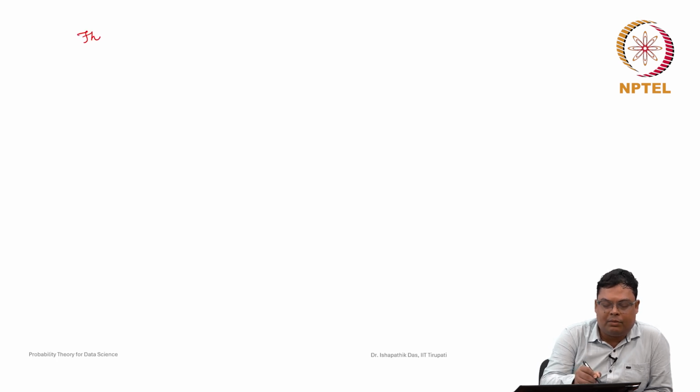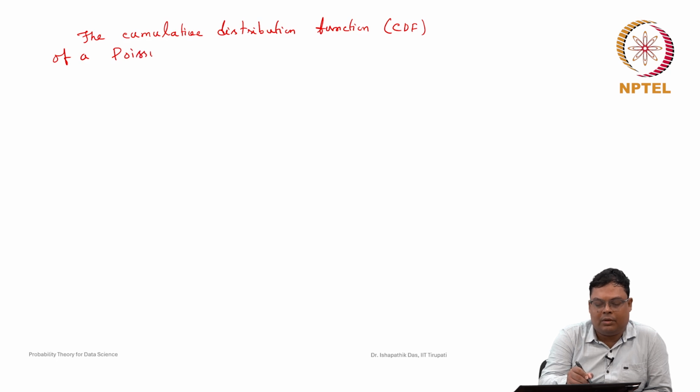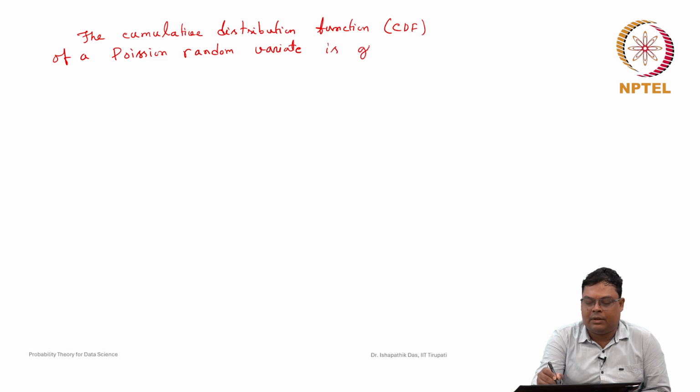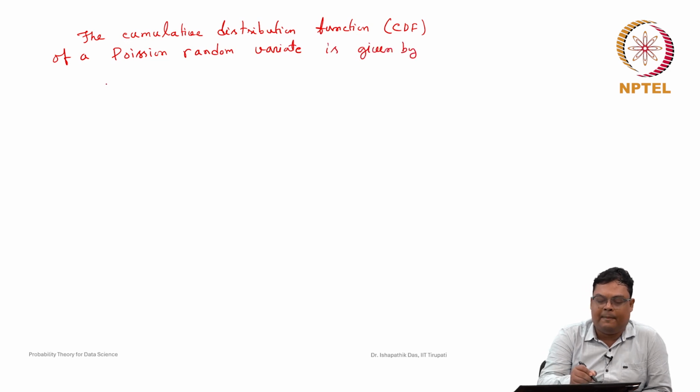The CDF of a Poisson random variate is given by F_X(x), the probability that X is less than or equal to x.